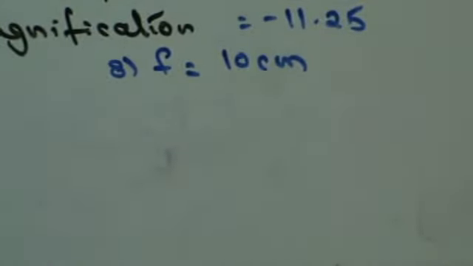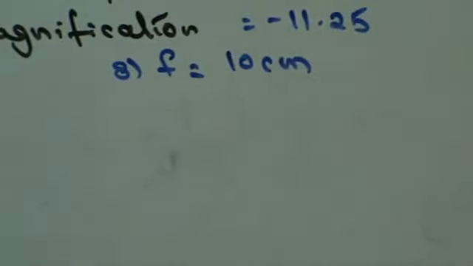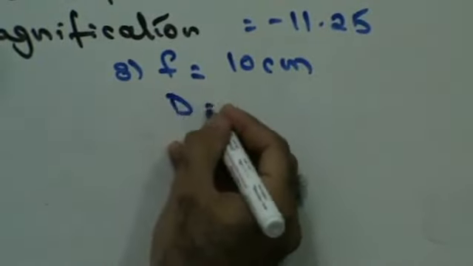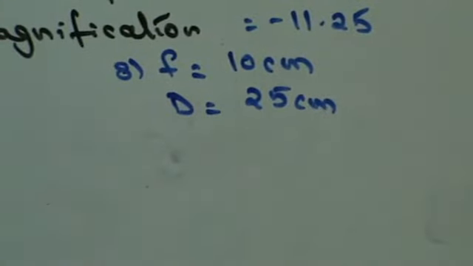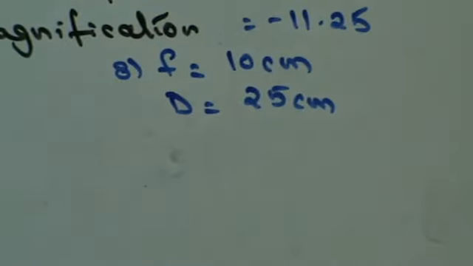What is the maximum magnification possible when a person whose distance of distinct vision is 25 centimeters is using the glass? A single glass means it will work like a simple microscope, right?